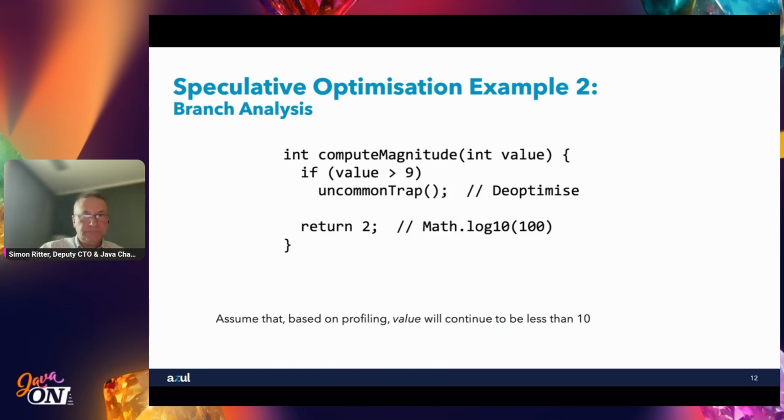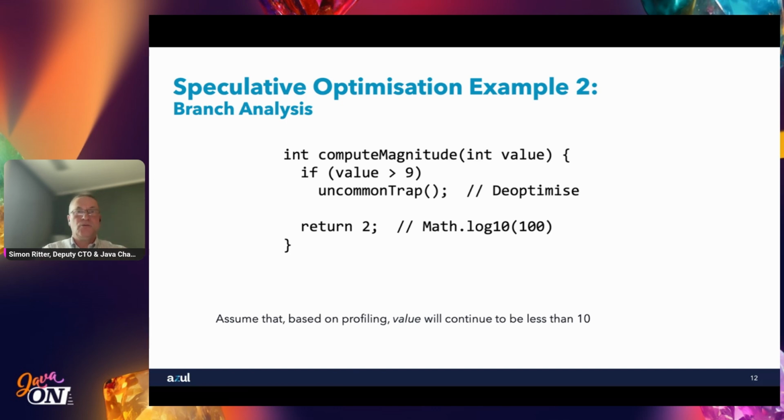So it can say, right, computeMagnitude method, still passing in value. But now we have a slightly different way of doing things. We say, if the value is greater than 9, then we call this method called uncommonTrap. The reason for that is that although we've made the assumption that the value is never going to be greater than 9 because that's the way it has worked up until now, because we have a contract between the compiler and our code, we still have to deal with the fact that a value may be greater than 9 at some point in the future.